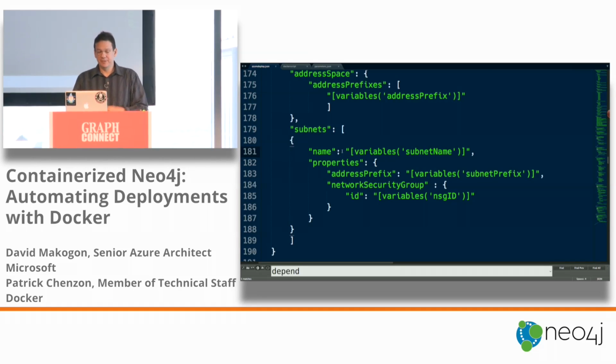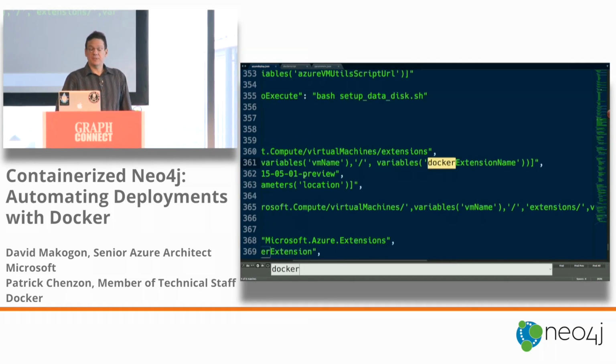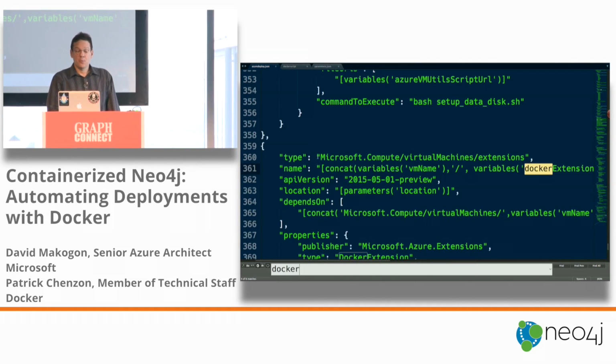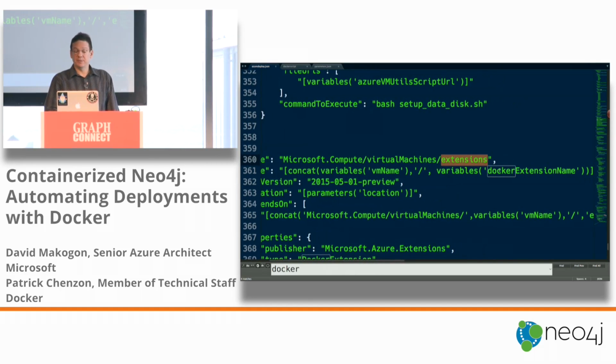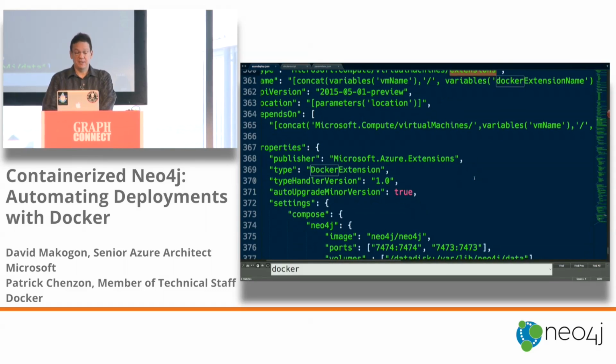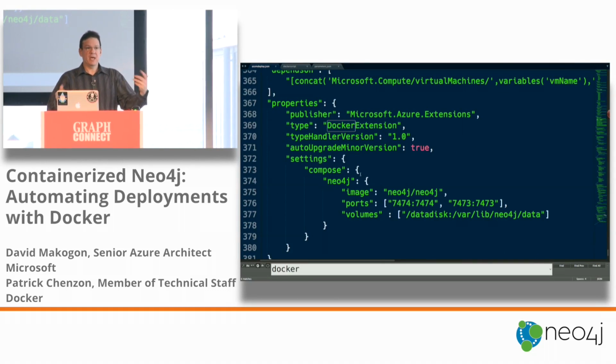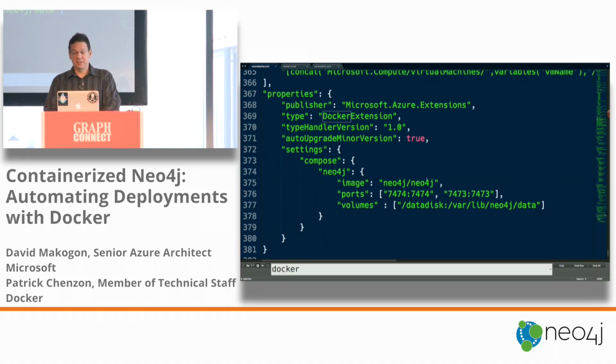So you basically build this script. Once the VMs come up and running, then we have things like Docker. So now we're saying, in our virtual machine, in our extensions, we want to install the Docker extension. And then, once we have that, we're going to hand off some type of Docker image to launch.